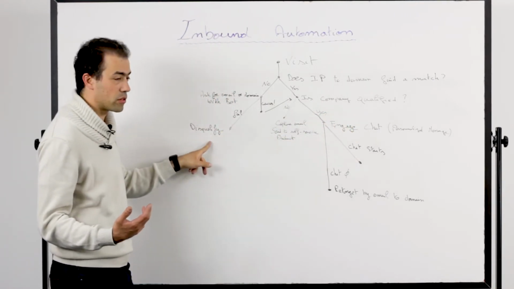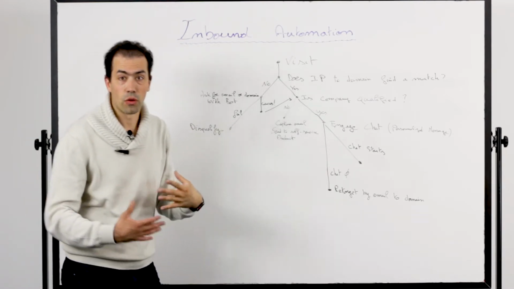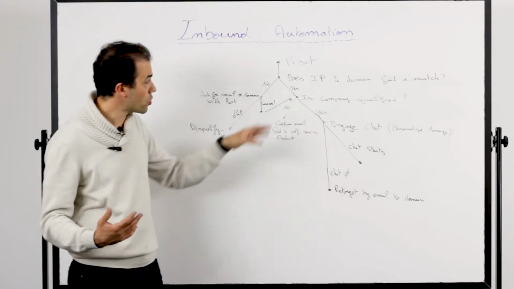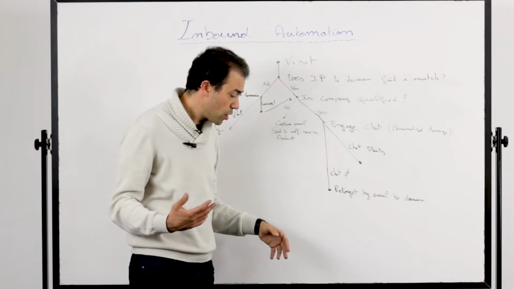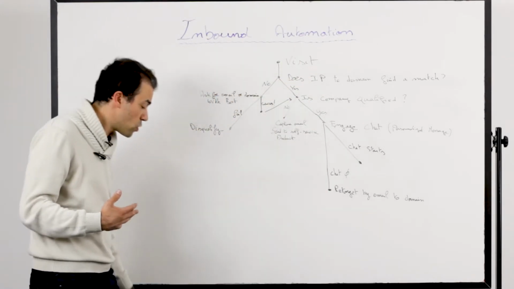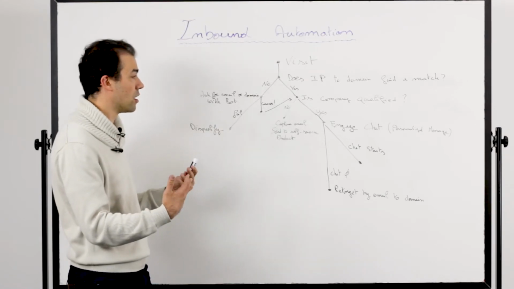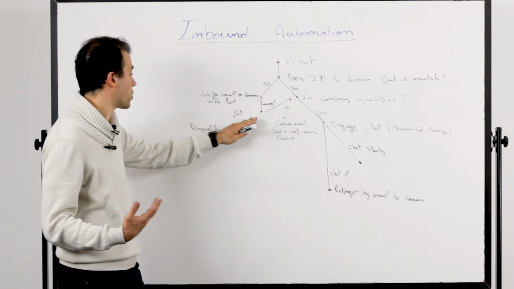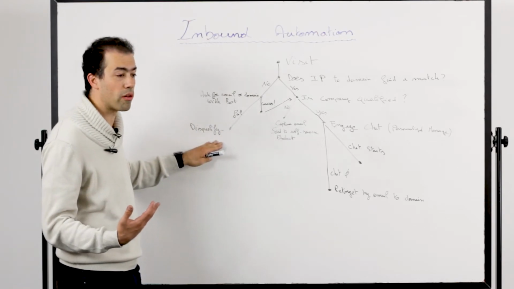If they don't answer the bot, if they don't want to give that email or that company domain, well, unfortunately, though you have some intent, you don't have enough intent for them to give you some personal data. And so that just leads you into disqualifying them.